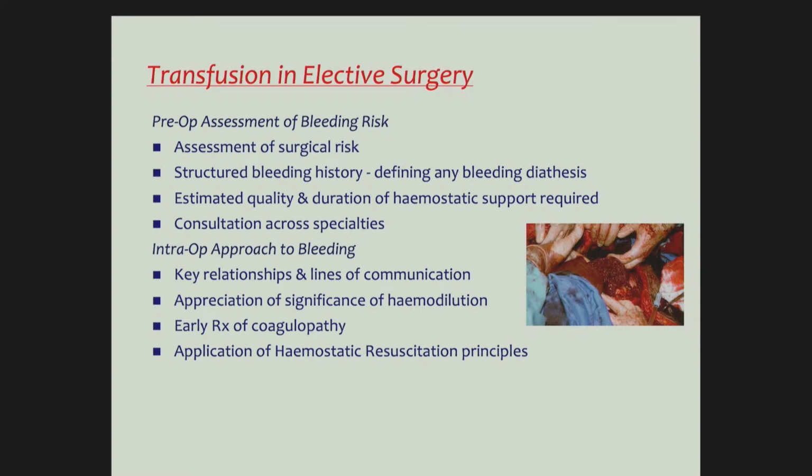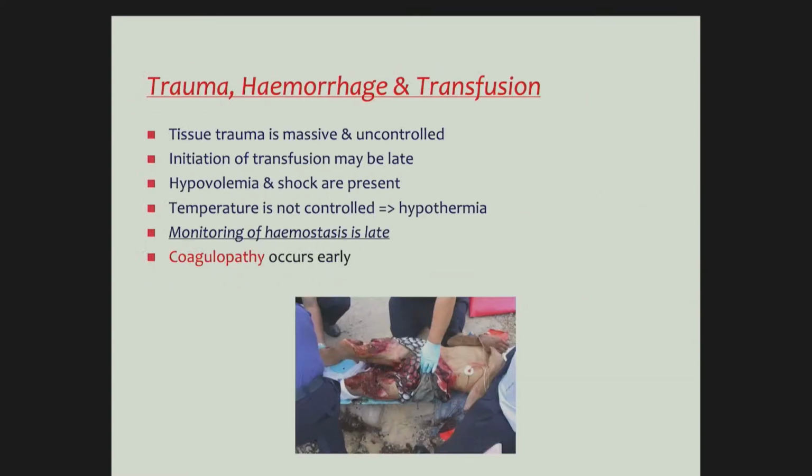So elective surgery, we can do appropriate assessment of the patient. If there's projected big blood loss, you've already spoken to the blood bank and they've got product ready to go and they're aware of what's coming up. So you've developed those lines of communication already, and you're going to be able to identify the presence of a coagulopathy earlier. And if this happens, you apply the principles of hemostatic resuscitation.